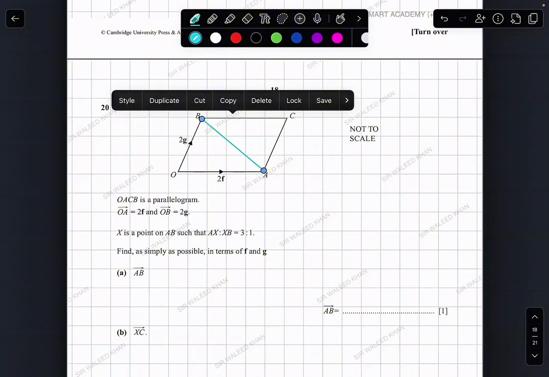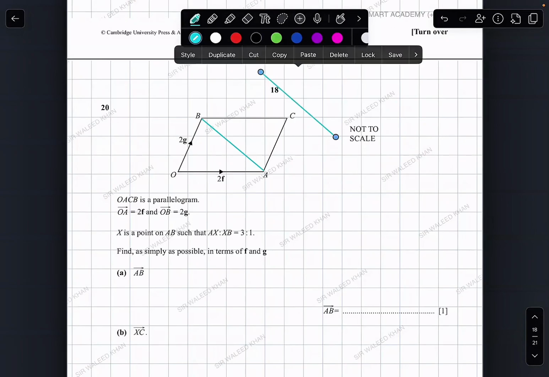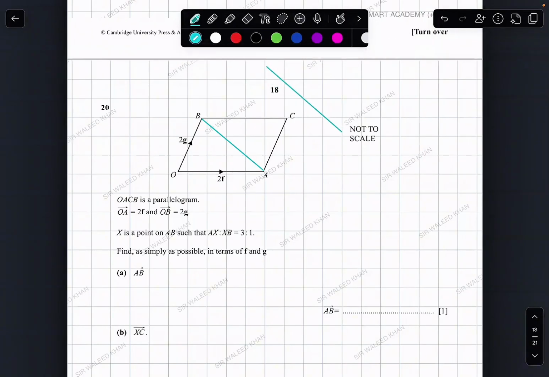This over here. What are they saying? I'm drawing the line AB outside as well. They're saying that X is a point on line AB such that AX to XB is 3:1.